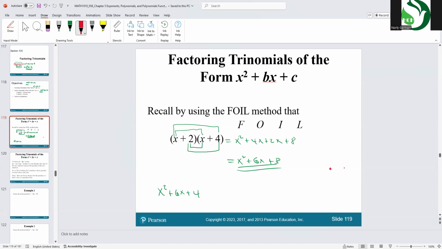If you multiply these two numbers, it gives you 8, but when you add them, it gives you 6. You need to think about it. Once you find 2 and 4, 2 times 4 gives you 8, and 2 plus 4 gives you 6, then you know this will factor as x plus the first number times x plus the second number. So x plus 2 and x plus 4. That's why we get this one.